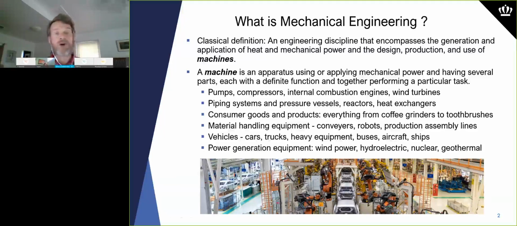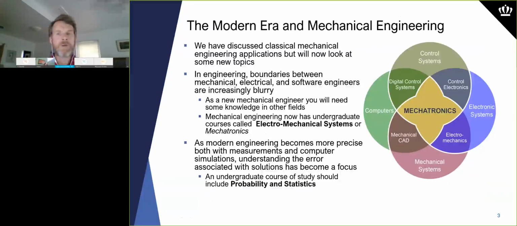Finally, we have vehicles: cars, trucks, heavy equipment such as bulldozers and mining equipment, buses, aircraft, and ships. They're all, again, under this general umbrella of mechanical engineering. We also have power generation equipment. We'll focus on that a little bit today with wind power, hydroelectric, nuclear, and geothermal as some examples. So those are the classical elements of mechanical engineering.